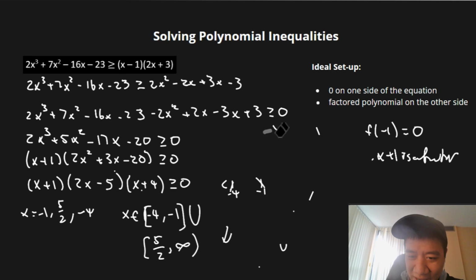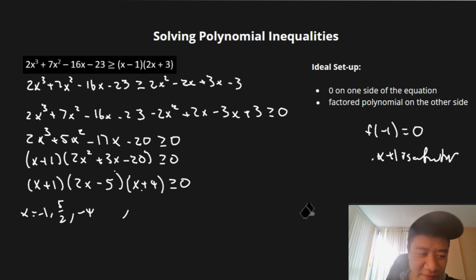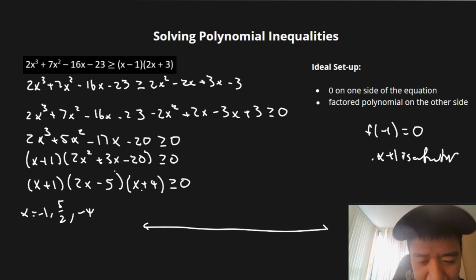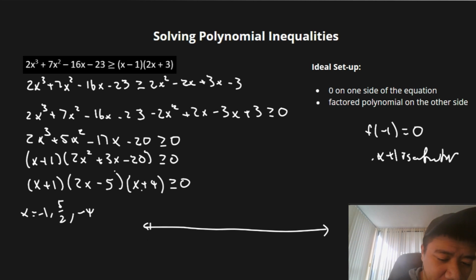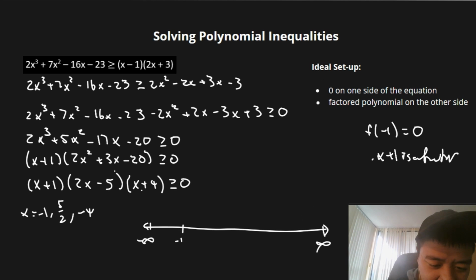Let's do the other way now. Okay, it's the interval line. And then we have -4, -1, 5/2.